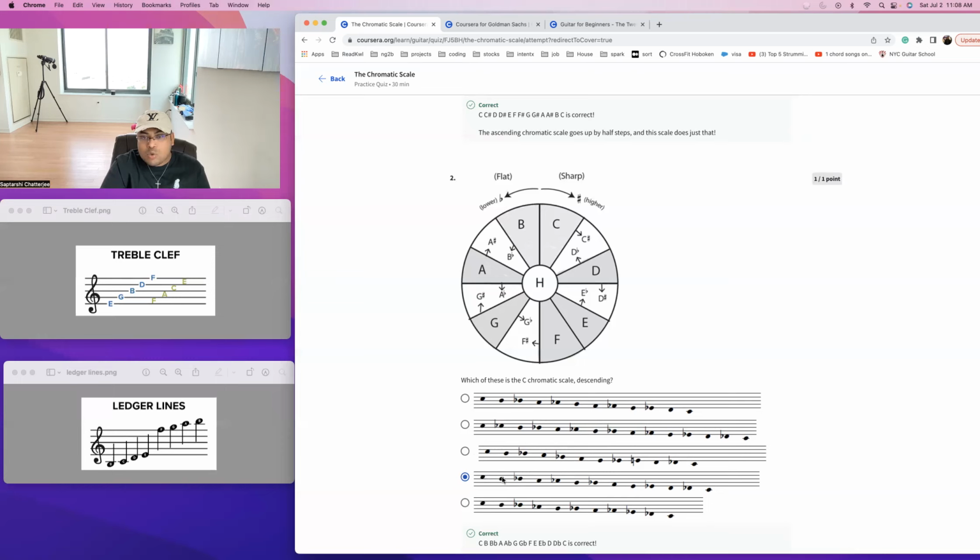From B to B flat, you see, because it is flat, and if you look at this treble chart, there's no different position for flat or sharp notes, right? They are basically placed at the same place, but with a flat sign. That's why it is on the same line.